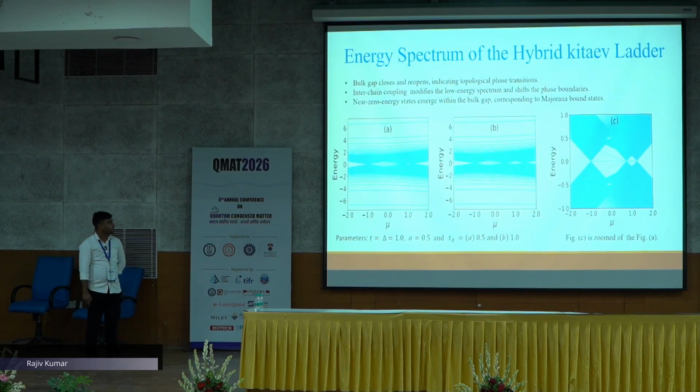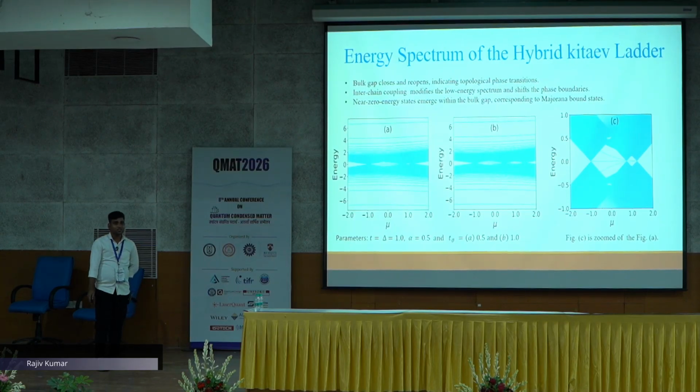Next we plot the energy spectrum of the hybrid Kitaev ladder with two different interleg coupling strengths. Figure A corresponds to 0.5 and figure B corresponds to 1 interleg coupling strength, and figure C is just a zoom of figures A and B, showing the resulting physics. In the Kitaev chain, we know the topological region shows only Majorana zero mode quasiparticles, and in the long-range Kitaev chain the topological region shows only massive Dirac mode quasiparticles.